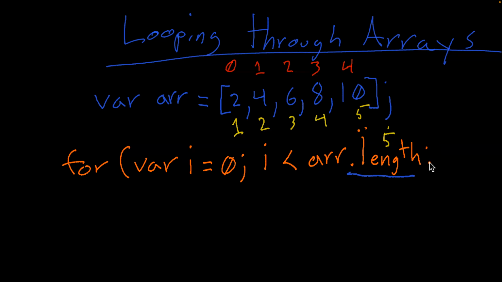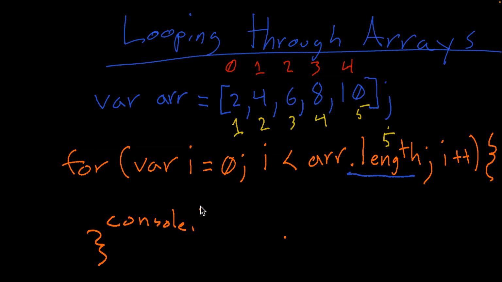So we are also going to say i plus plus, right? Because that's going to increase i. So we have our for loop. And we are going to console log. In order to print each value, I'm going to have to console log the array bracket i.